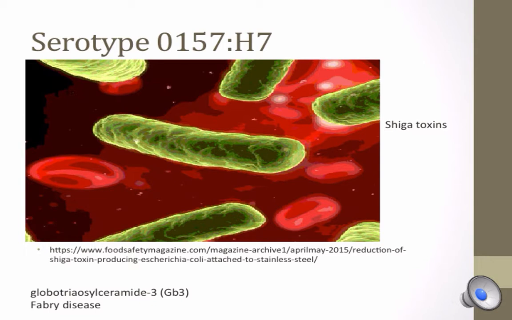This is important because without this expression of Gb3, Shiga toxins aren't able to be absorbed into the bloodstream and therefore distributed to different organs. So this is the main reason why we express these symptoms when we have the serotype O157:H7 and cattle don't express the same symptoms we do.